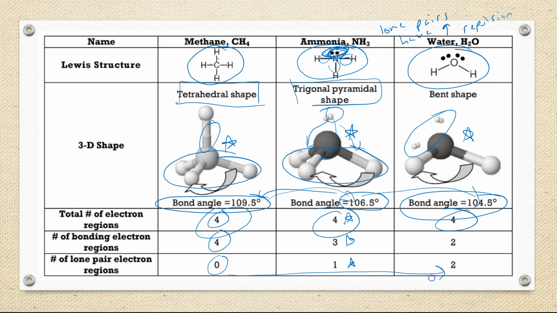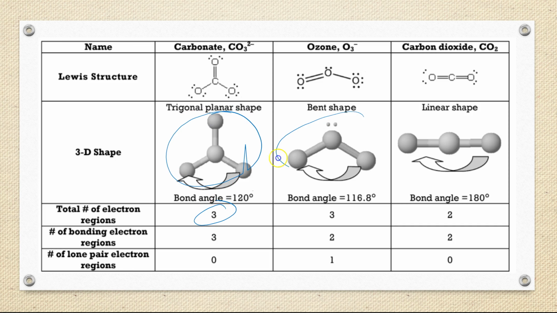Now, when we have fewer than 4 electron regions, we tend to get a more 2-dimensional type shape. But again, you can see the general trend here. Here we have 3 electron regions and 3 electron regions. Here, all 3 are bonding, no lone pairs.